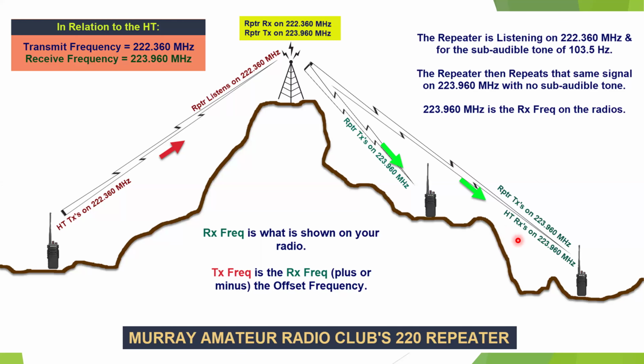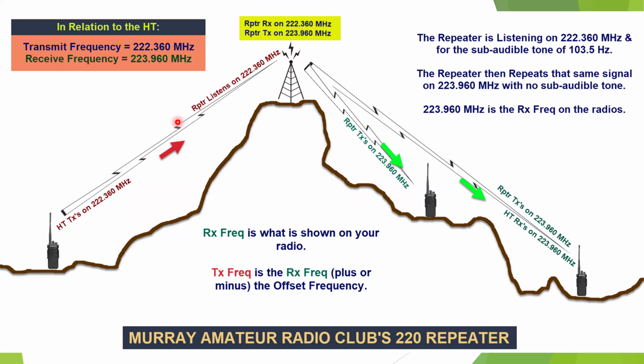The HT receive is set to 223.96, and that is the frequency of the repeater's transmit. So the repeater's transmitting on 223.96, which is the HT's receive, and there's no PL tone involved here.